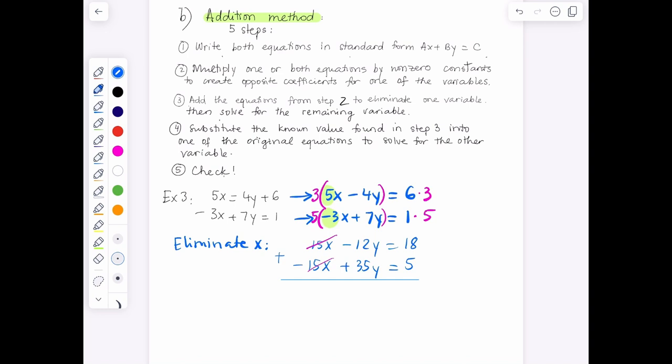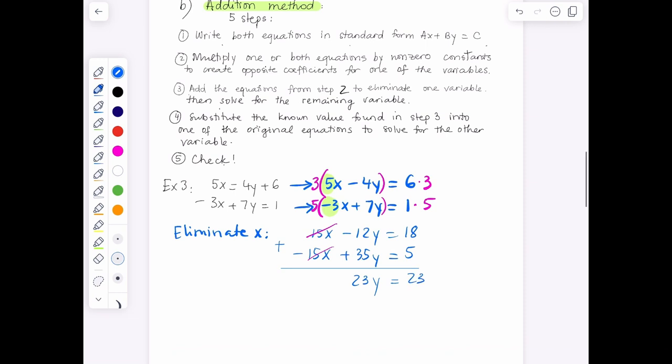While the variable y will add up to something: 35y minus 12y will give you 23y, and then on the other side, 18 plus 5 gives you 23. You then divide both sides by 23, so you can get y by itself. So we just solve for y.